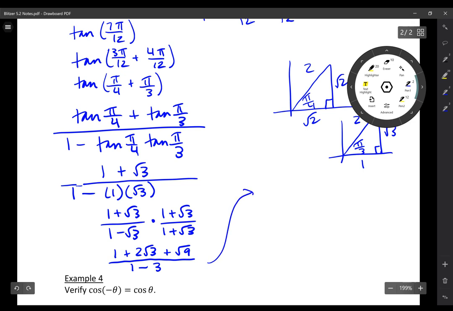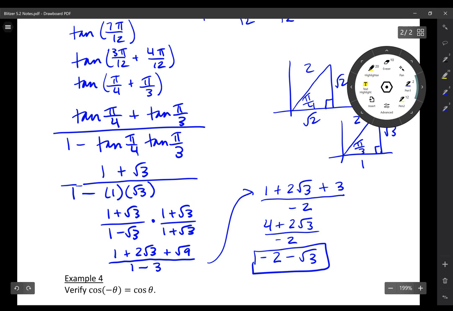So 1 plus 2 square roots of 3 plus 3 all over negative 2. Let's see, 3 and 1 would be 4 plus 2 square roots of 3 divided by negative 2. And then I want to divide that through. So negative 2 minus square root of 3.